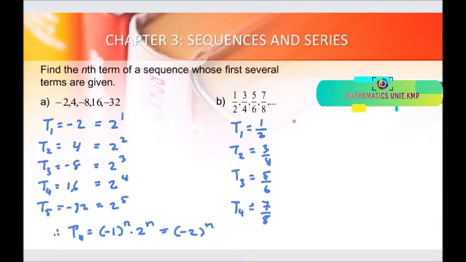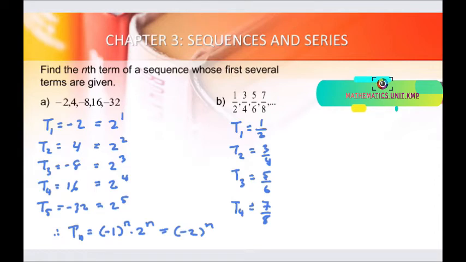The second term, 2 multiply with 2 minus 1, then we will get 3. The third term, 2 multiply with 3 minus 1, so we will get 5.